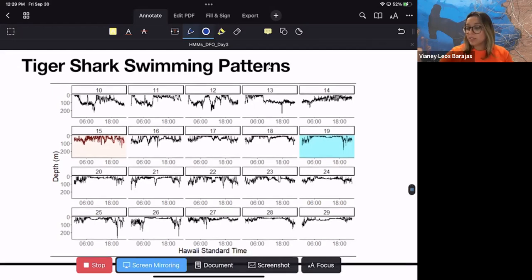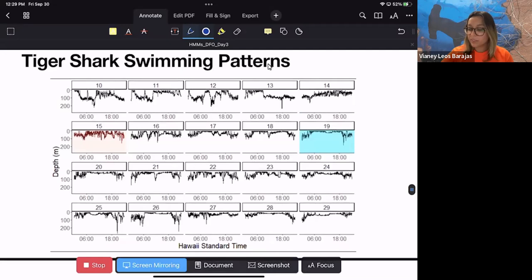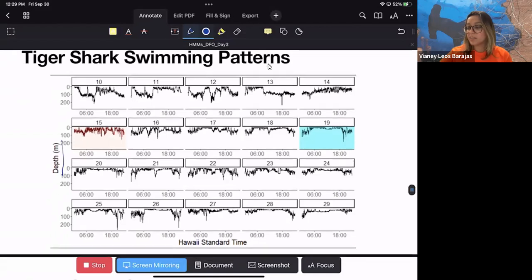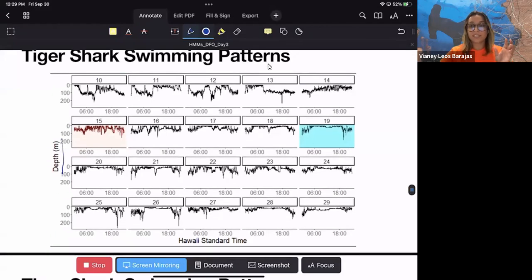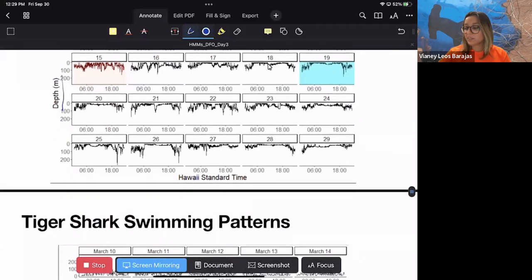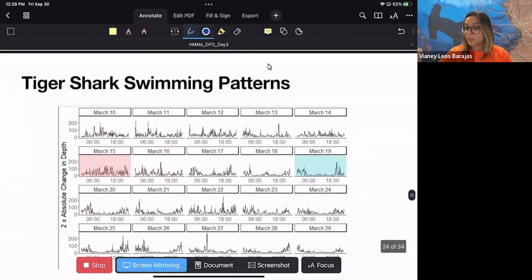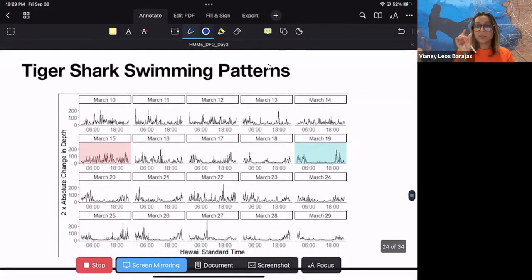So these are depths of a single tiger shark in Hawaii across various days. It was difficult to visualize exactly what was happening here in terms of the movement. So what I did is I did 2 times the absolute change in depth. So how much they were moving across the water column.